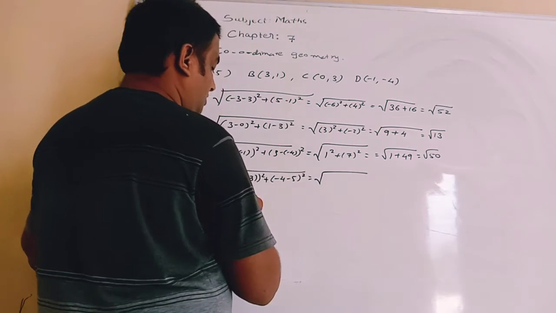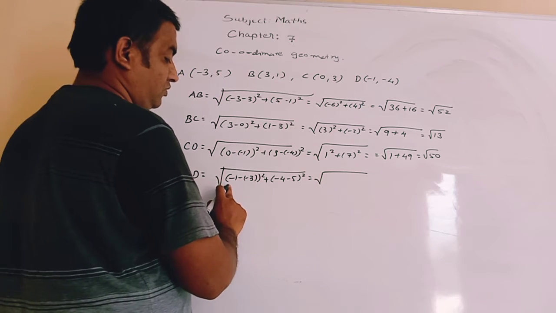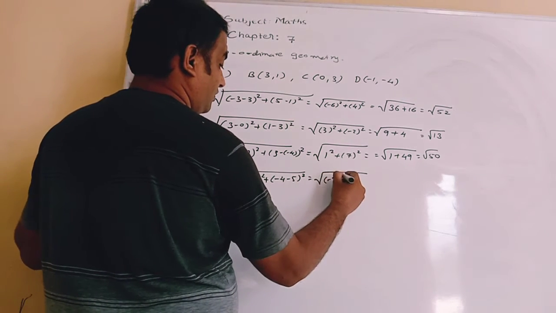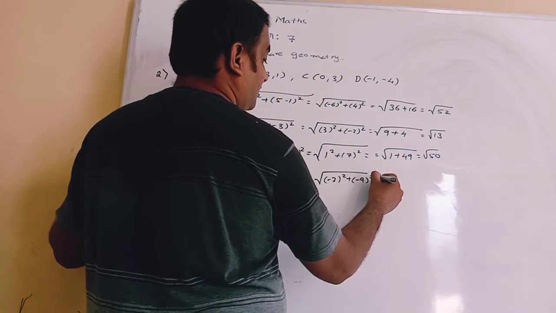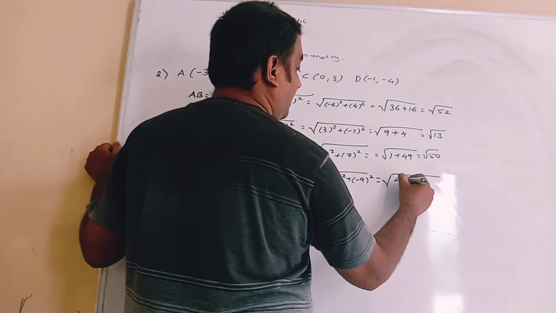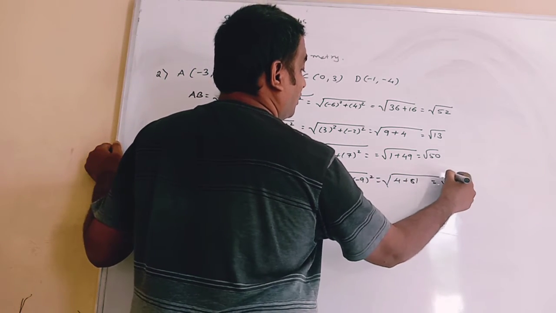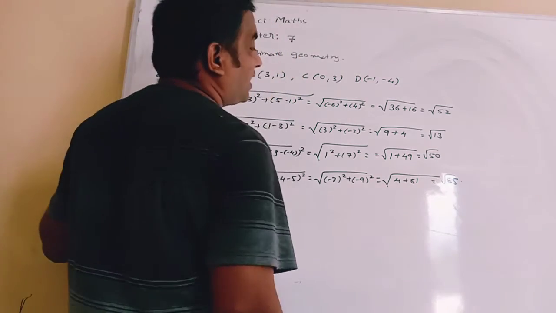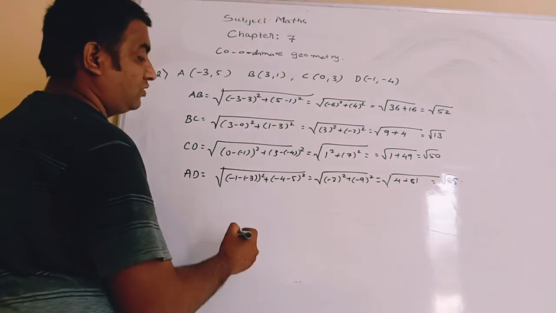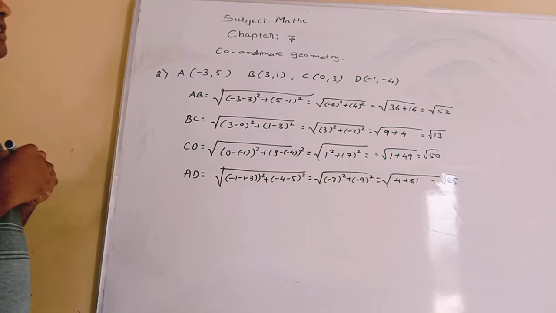So minus minus plus, so 3 minus 1, 2 square plus -9 square. So it is 4 plus 81, root 85. So 4 sides are not equal, and so it is just a quadrilateral.